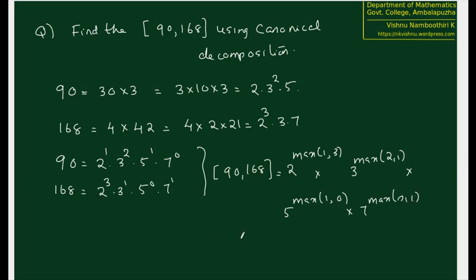So finally we get this equal to 2 to the power 3 into 3 to the power 2 into 5 to the power 1 into 7 to the power 1. This is the final answer. We can multiply and find out the final answer here.